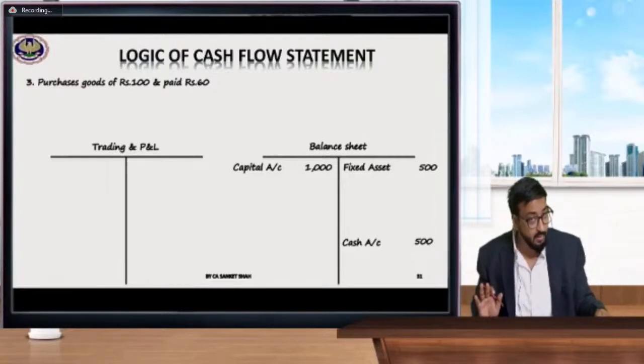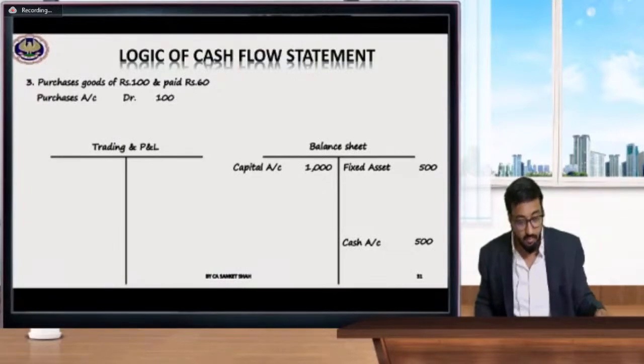Tell me, is trading and P&L prepared by using the accrual concept or the cash concept? Accrual. So your purchases will be debited in the trading account. At what amount? 100. To cash 60 and to creditors.